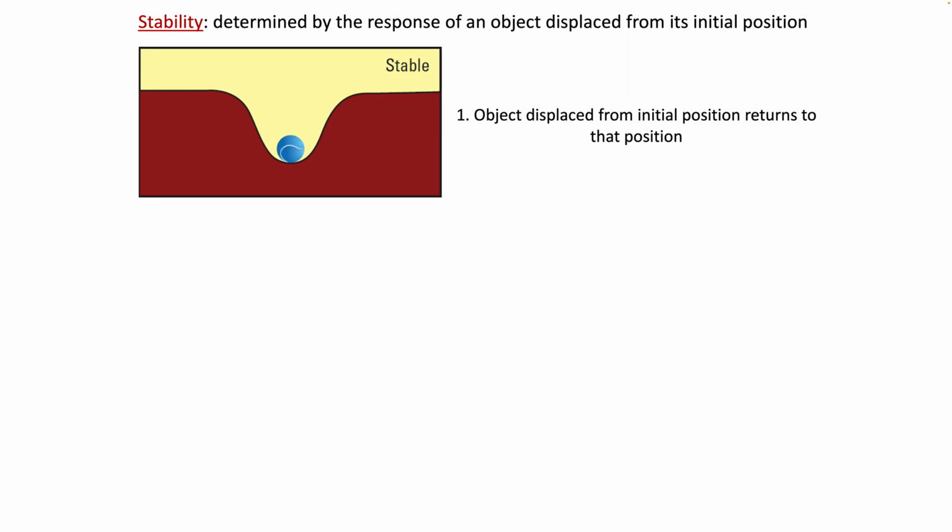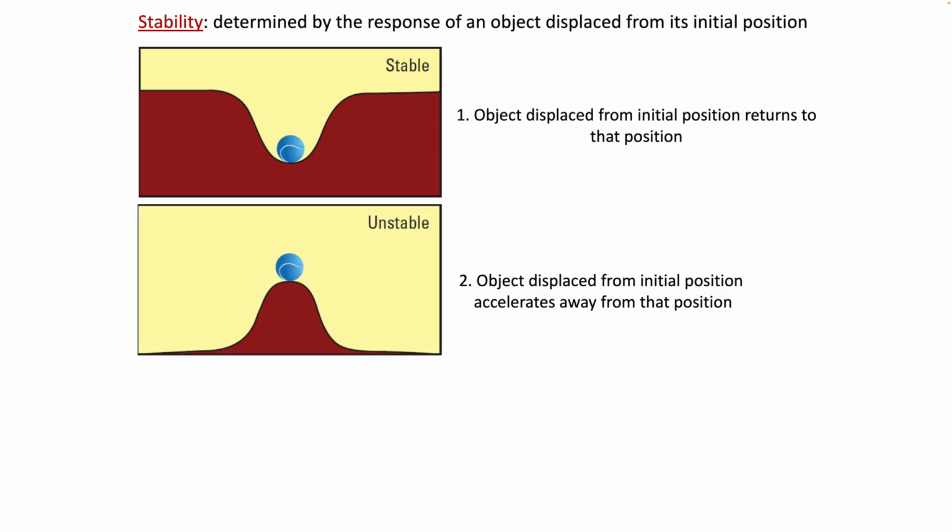A system is stable when you displace an object from its initial position and the object returns to that initial position. On the other hand, imagine we take this tennis ball and instead of putting it at the bottom of a hole or a pit like this, we put it on the top of a hill, and then we displace the tennis ball. When an object is displaced away from its initial position, or accelerates away from its initial position, the system is unstable.